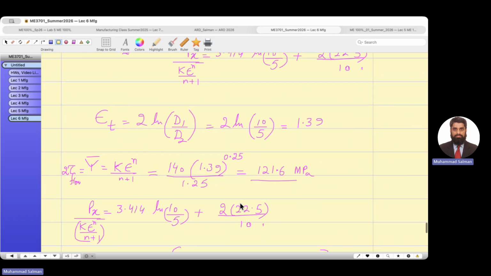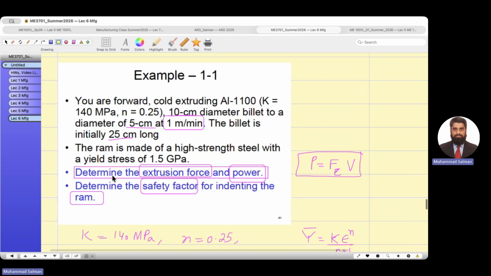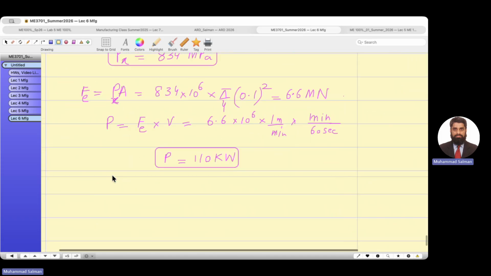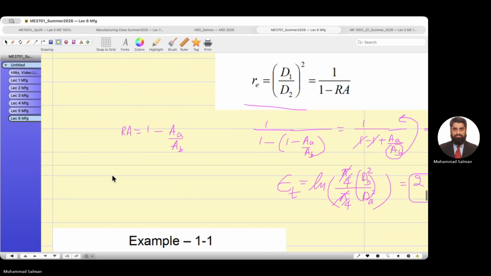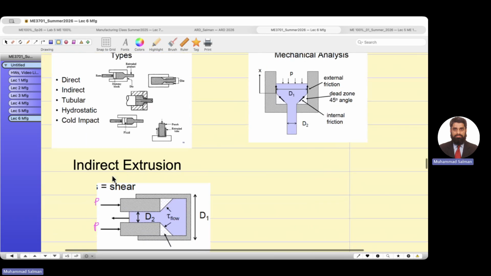Now the last part says, look, determine the factor of safety, safety factor for indenting the RAM. What it means by that, look, over here, I want to show you this diagram. Did I show you this diagram before? I think, yes.